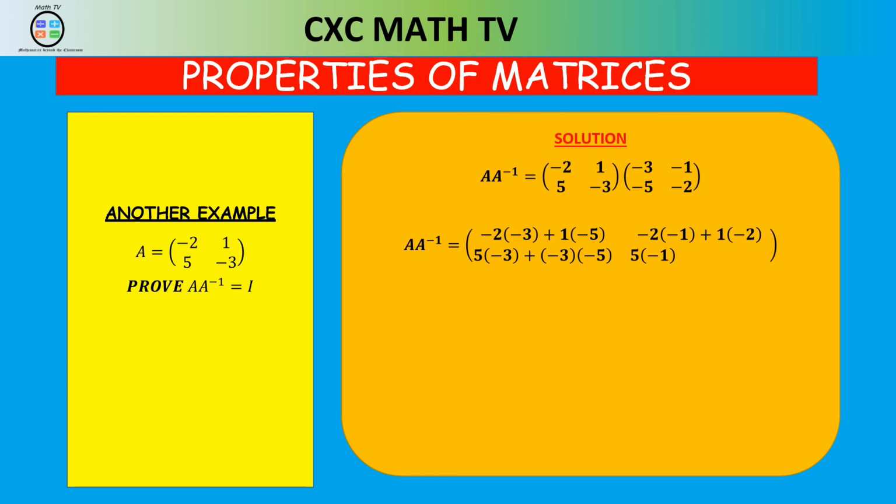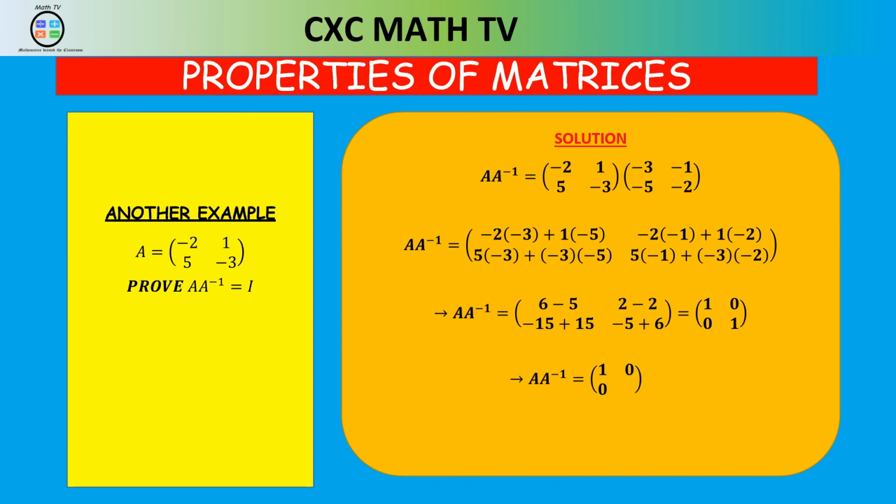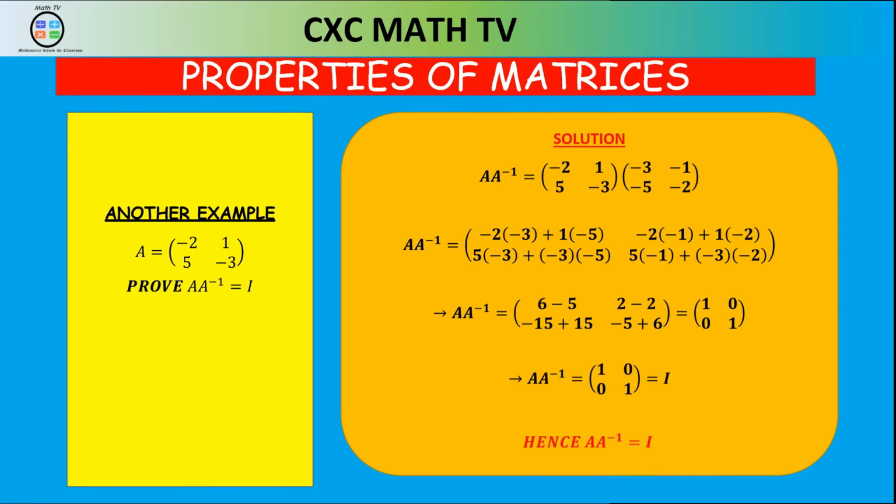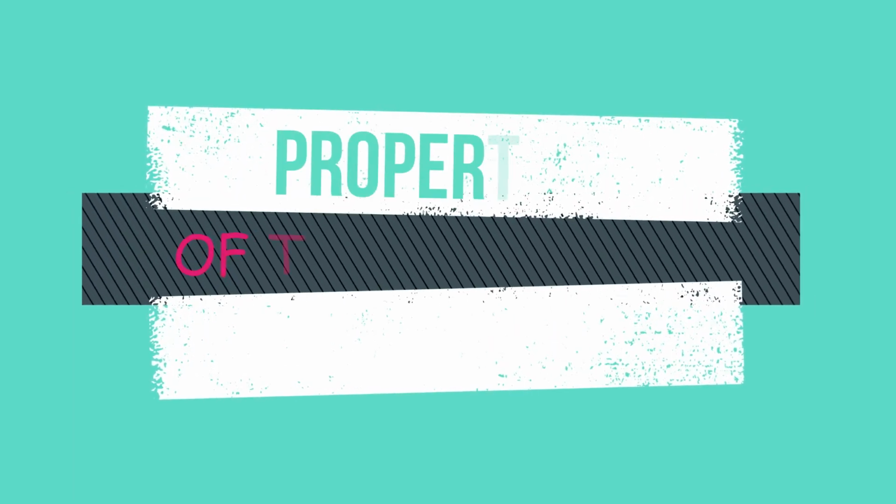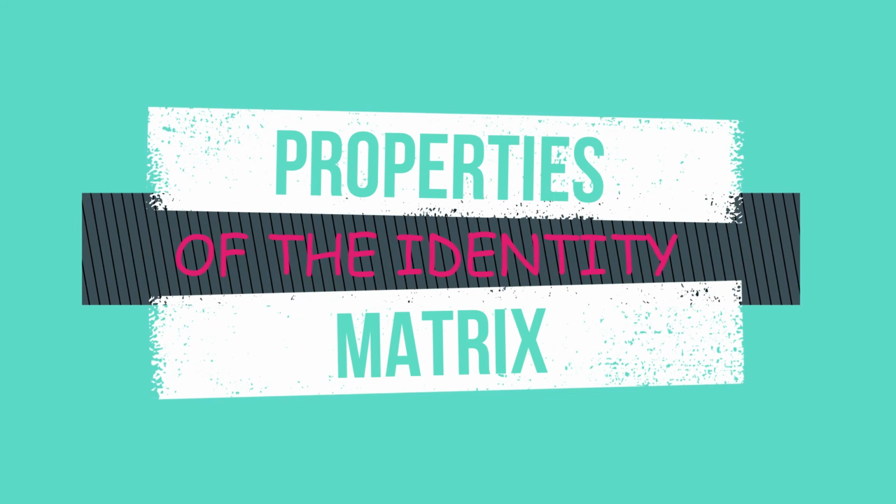When you multiply A times A inverse, showing all of the steps right here, you're going to simplify down to give us that A times A inverse works out to be 1, 0, 0, 1, which is I, because we call that matrix I. So anytime you multiply a matrix times its inverse, you're always going to get the identity matrix.